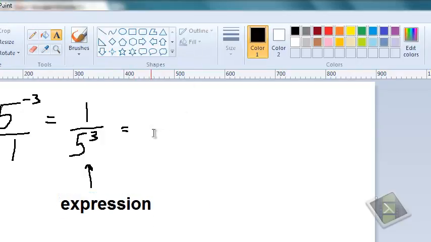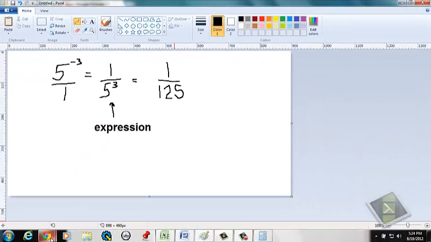And then, if you want to know the actual answer, you take 5 to the third. 5 times 5 times 5 is 125. So 1 over 125 is the actual answer. But the expression part is what the question was explicitly asking. So this is the 1 over 5 to the third. You're just trying to get rid of the negative exponents when we have something like that.